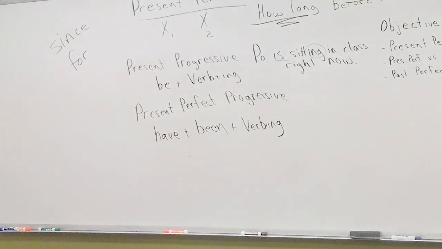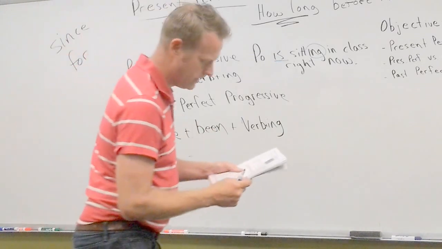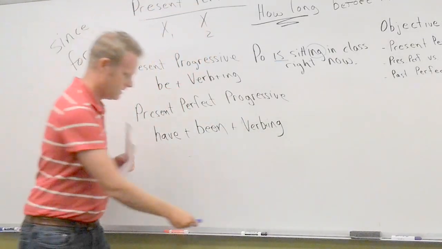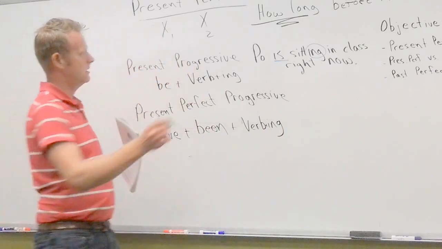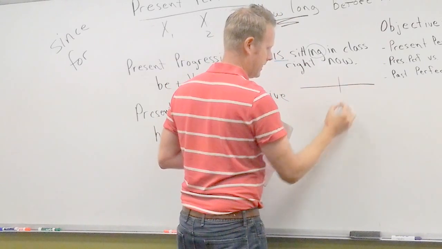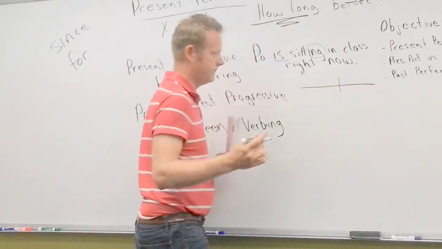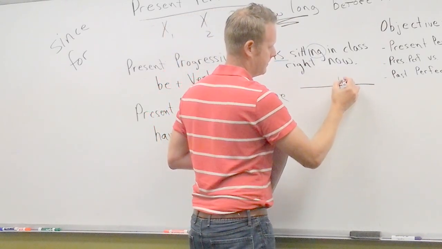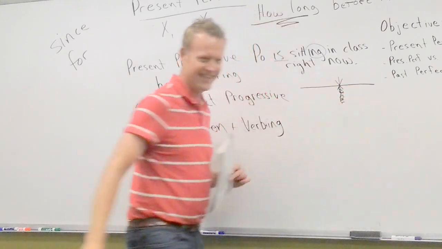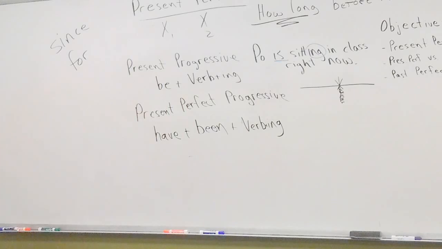Now read over to the right. The present progressive, Khalid, go ahead. The present progressive describes an activity that is in progress right now. It does not describe length of time.